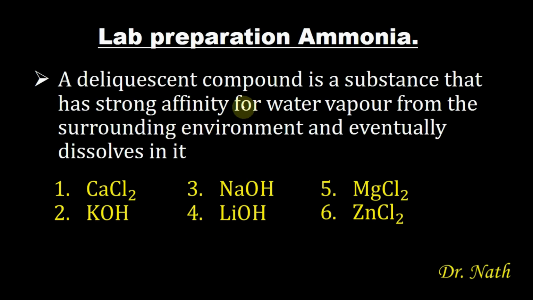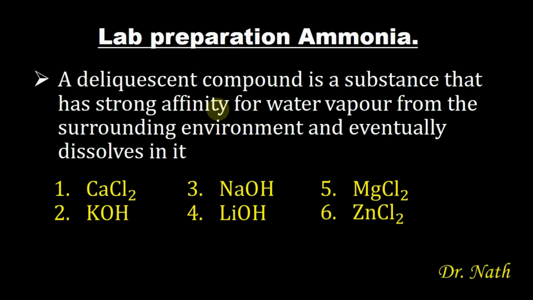It is not a substance that has strong affinity for water that will absorb it then dissolve in it. These are examples of deliquescent substances: calcium chloride, potassium hydroxide, sodium hydroxide, lithium hydroxide, magnesium chloride, zinc chloride. All these substances are deliquescent substances.